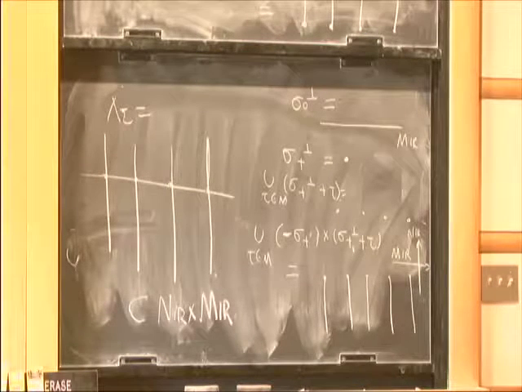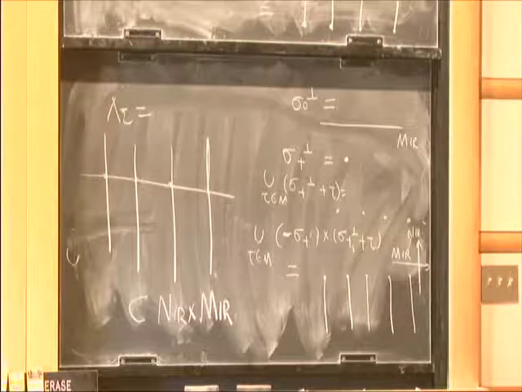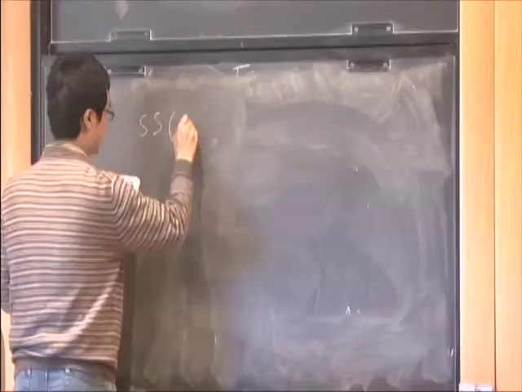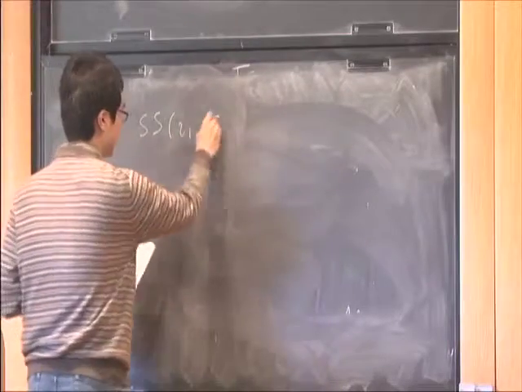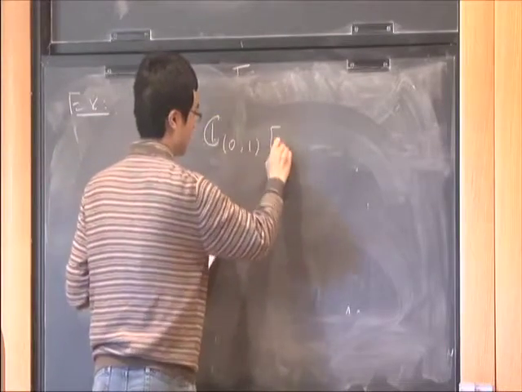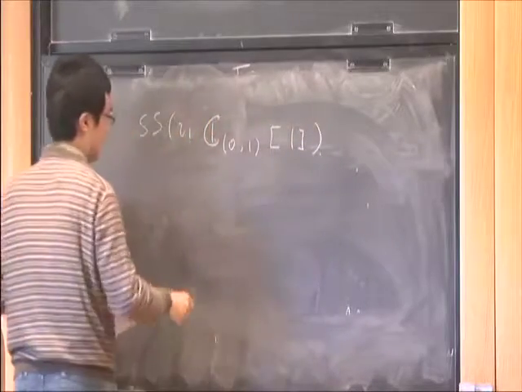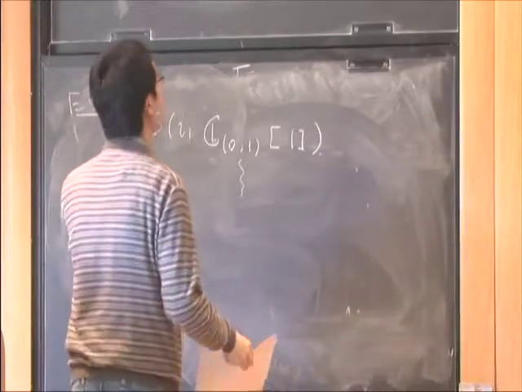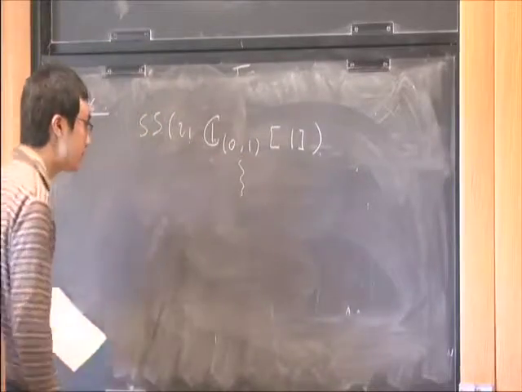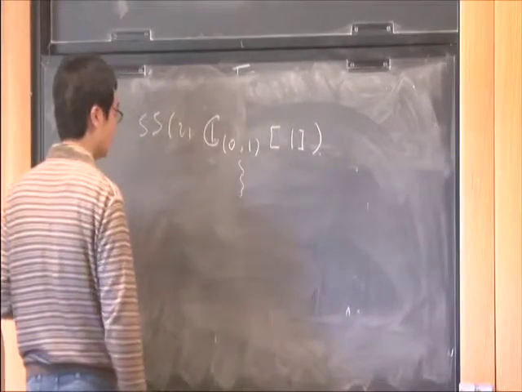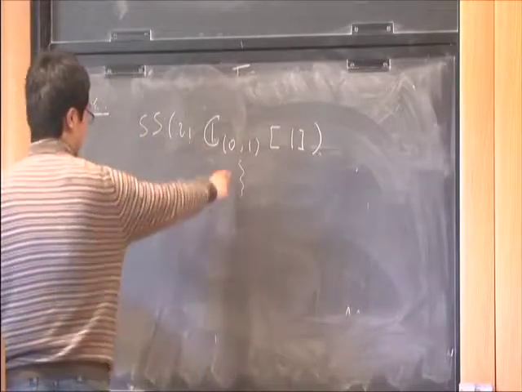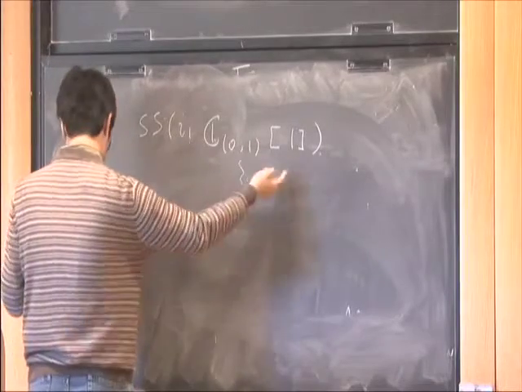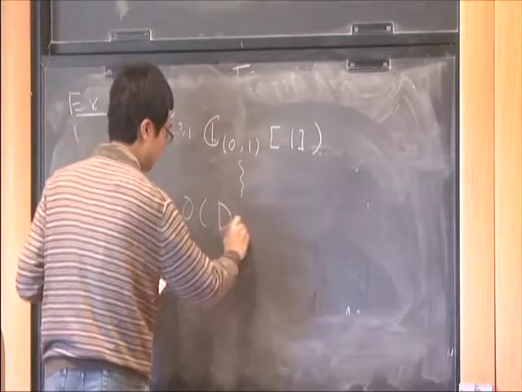So here's an example. Let's look at the singular support of the proper push forward of C on 0, 1, shifted by 1. This constructible sheaf corresponds to O(d) minus.